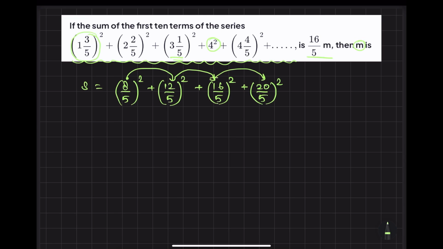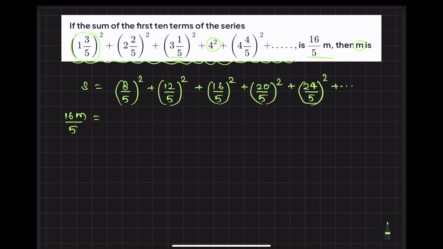Correct? So this pattern is correct. Plus 24 by 5 square. And this will keep on going till 10 terms, and the sum is given as 16m by 5. You have to find the value of m. I hope till this part you guys are comfortable.